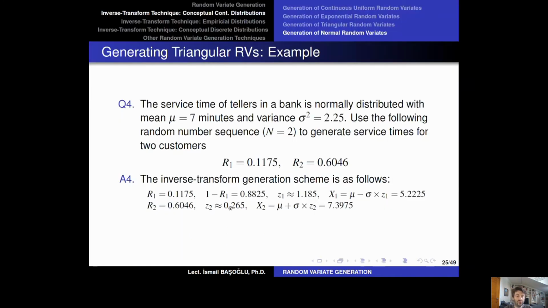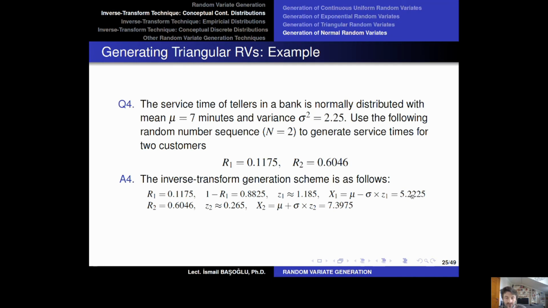So we take 0.265. And then the second random variate will be location parameter plus the scale parameter sigma times z2. There is a plus sign because the number was already greater than 0.5. And you see for the second operation, the duration of the service is going to be 7.3975.